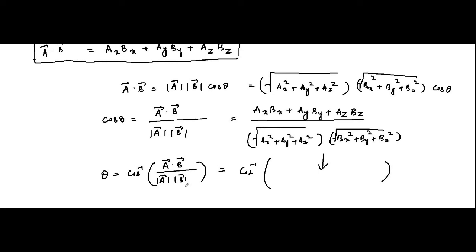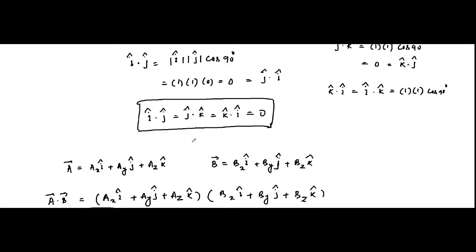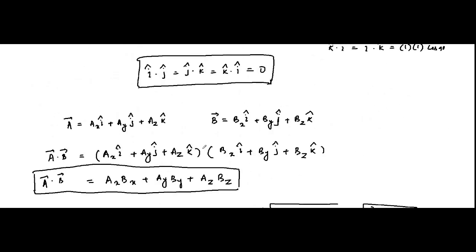So here we have the dot product of unit vectors and some important concepts associated with it. If you have any confusion, the whole expression would have been like this: ax i cap multiplied with bx i cap, dot product, plus ax i cap dot product with by j cap, and like that.